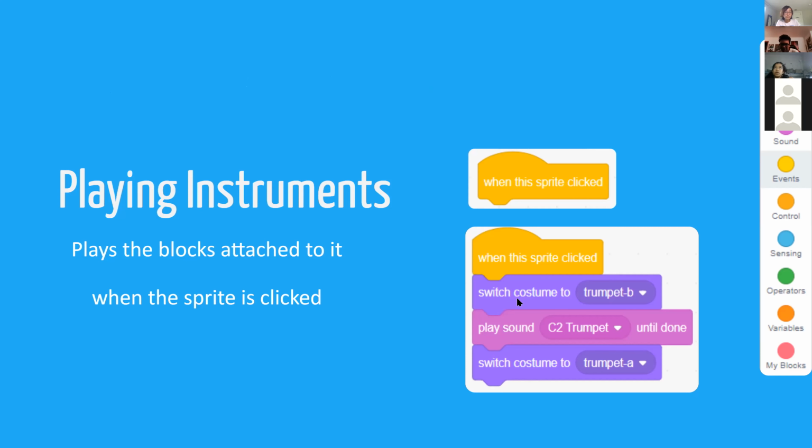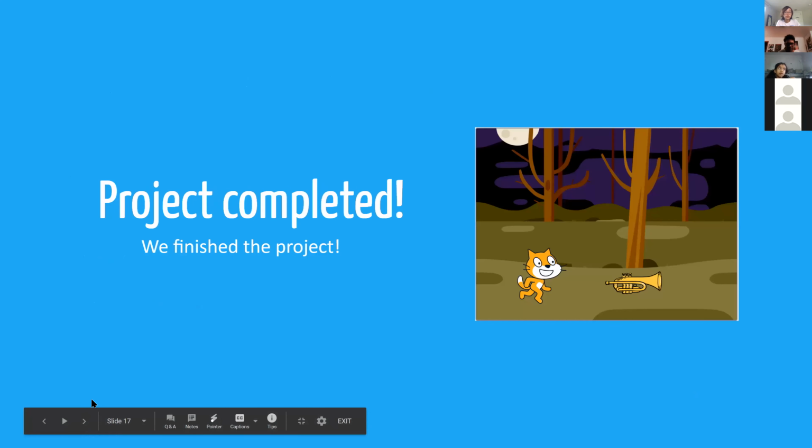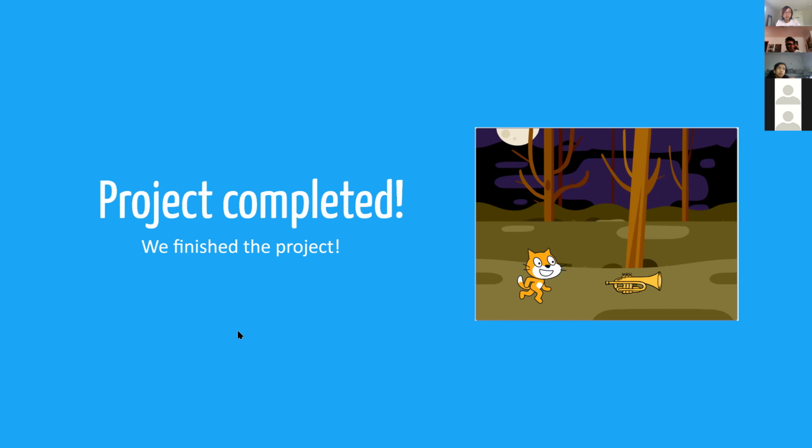Once it's clicked, it will switch its costume to trumpet B, and then you could play the sound and then switch it back. It's just getting you guys familiar with this. So with that being said, we've gone over everything in this project.